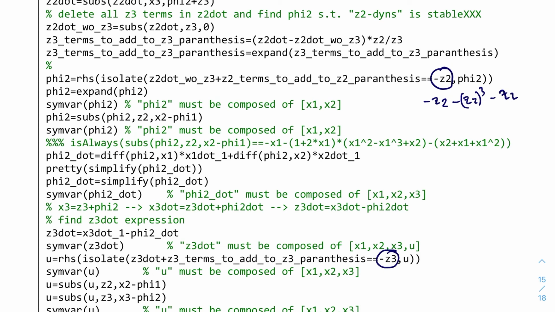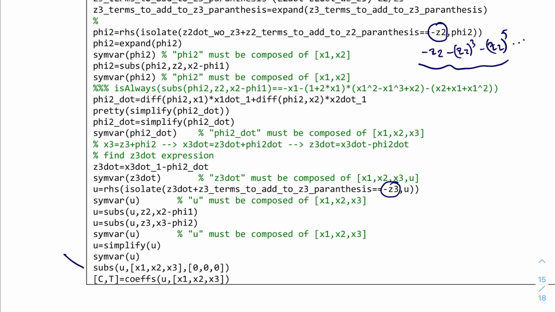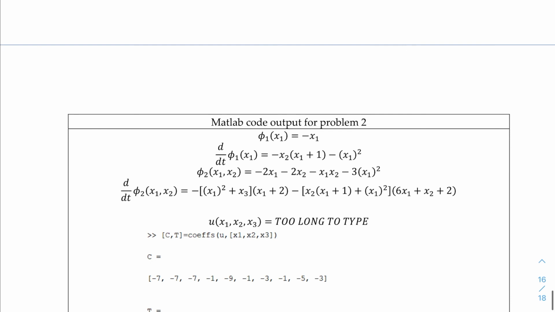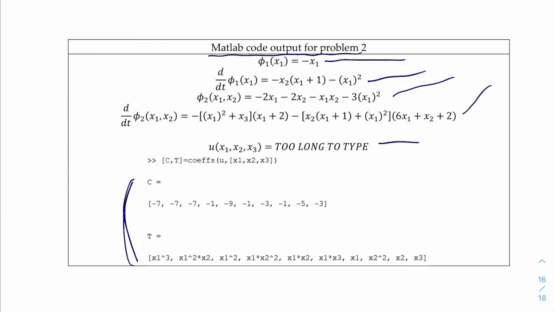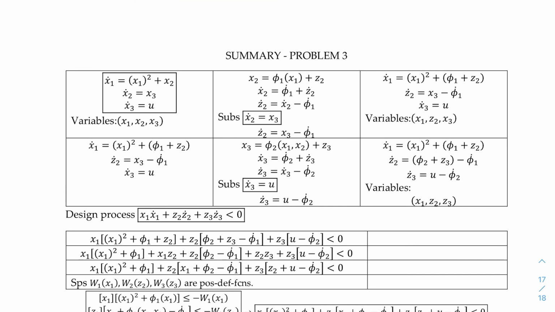Again, we can write z2 to the fifth power, etc., just anything in that fashion. And we just find our u. The MATLAB code output for problem 2 is again phi1 dot, phi2 dot, and u. Here, this is our control algorithm.